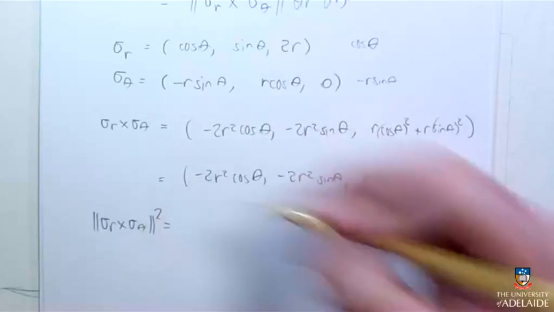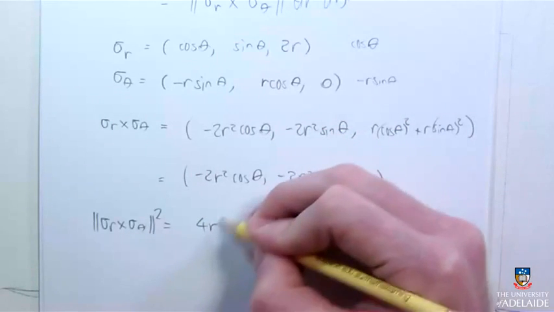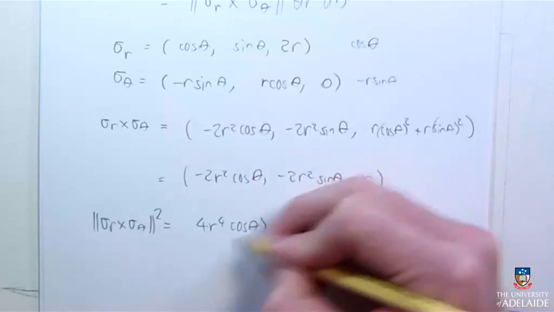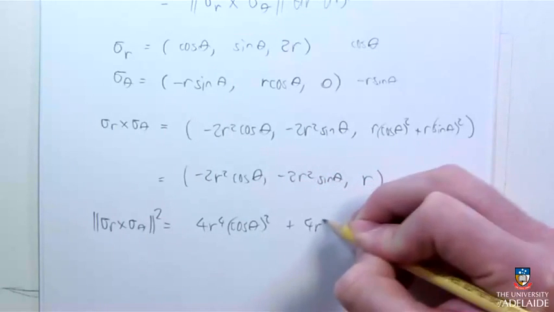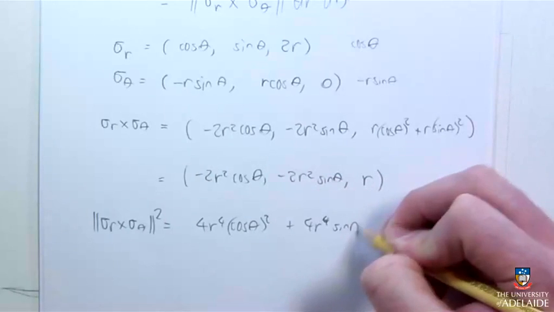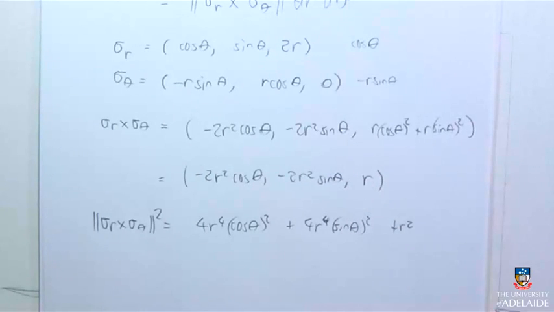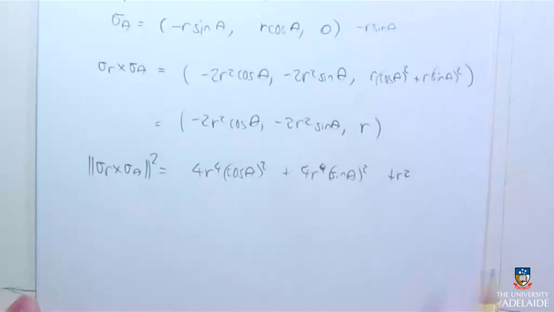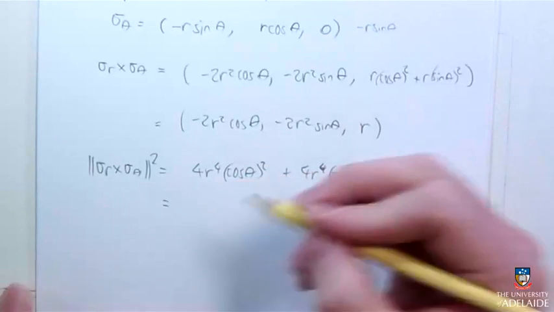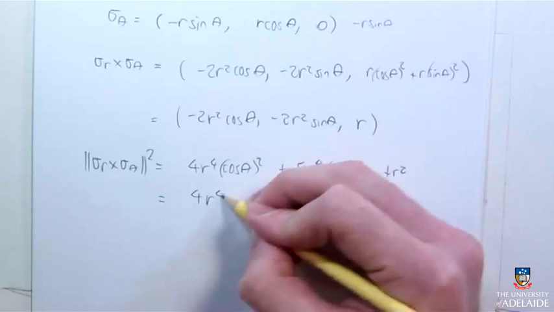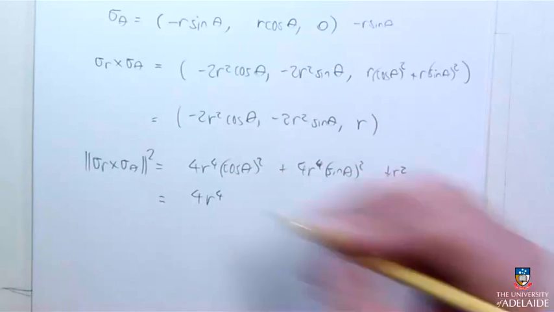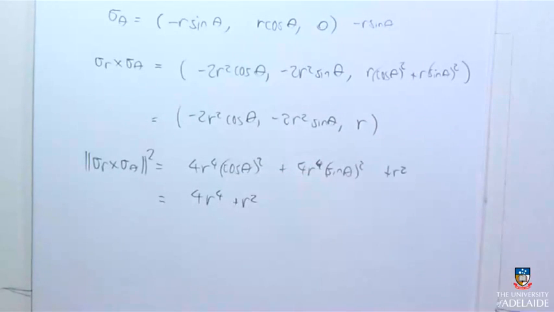So I'll do the square of the length, so that'll be 4r to the 4 cos theta squared and 4r to the 4 sine theta squared and r squared, just squaring all three of them and adding them together. And so I get cos squared plus sine squared is 1, and that's what I get.